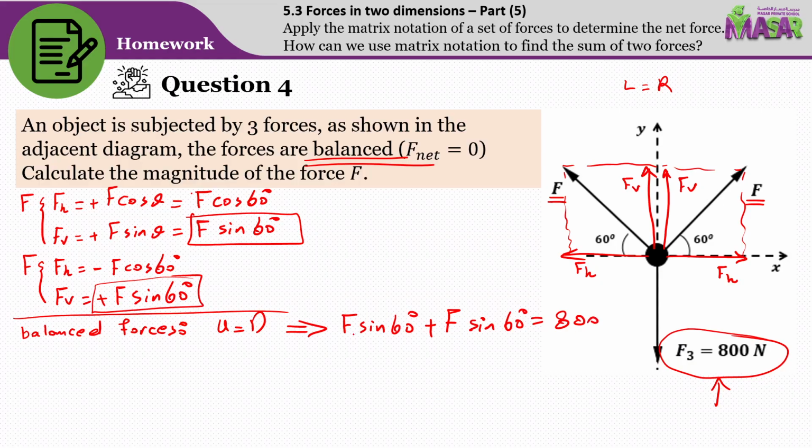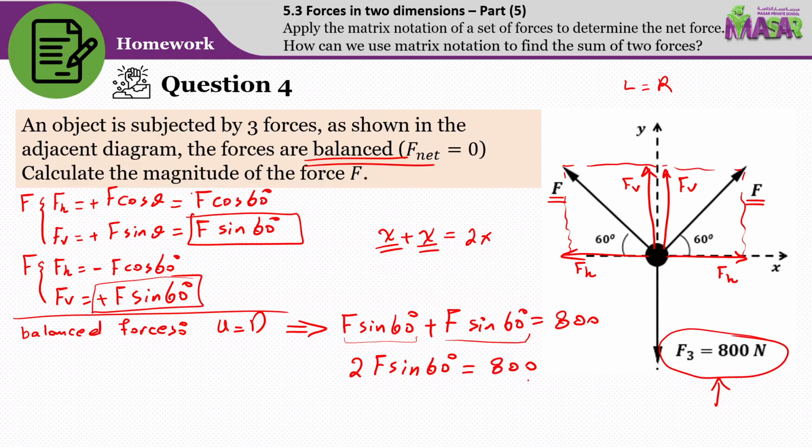Now if we have a term similar to another term and we want to add them together, we just write them as 2F sine 60. Because if you have x plus x, you will get 2x. This is actually what I did. We have F sine 60 and another F sine 60. This is why I should write them as 2 F sine 60 equal to 800.